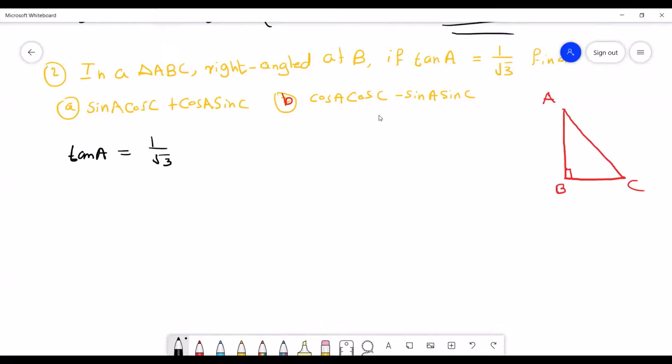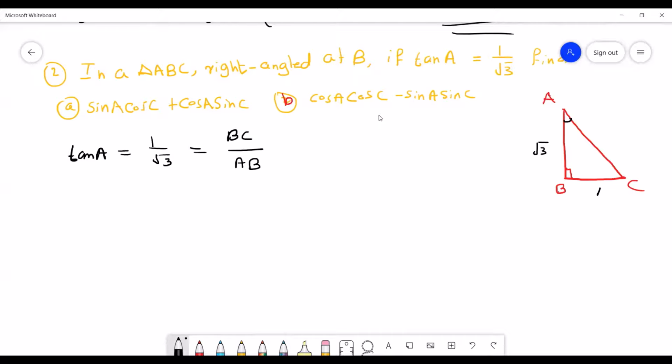Tan A means opposite side divided by adjacent side; for angle A, the opposite side is BC and the adjacent side is AB. So we can take BC as 1 instead of giving a constant, and AB will come as √3.